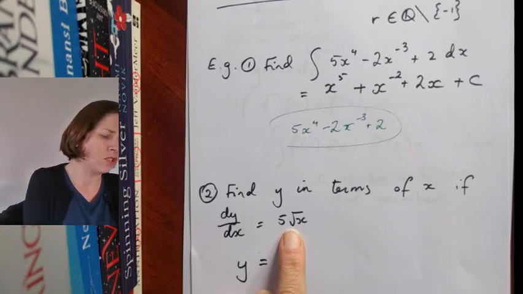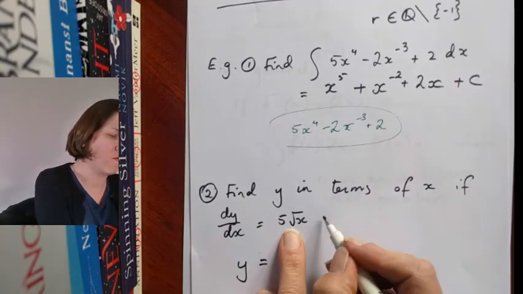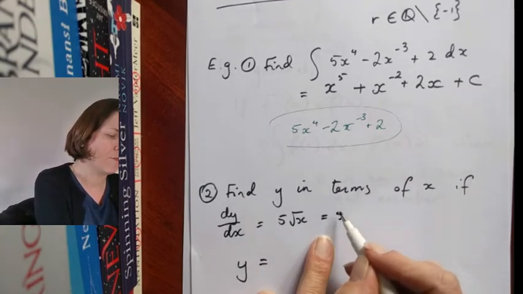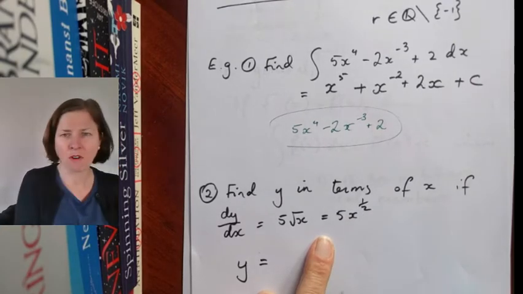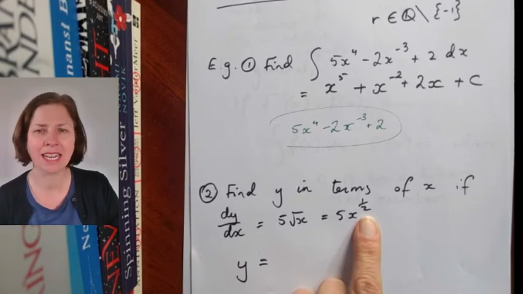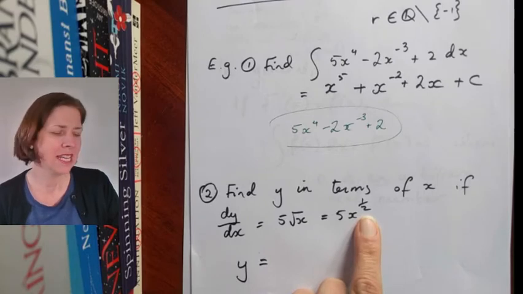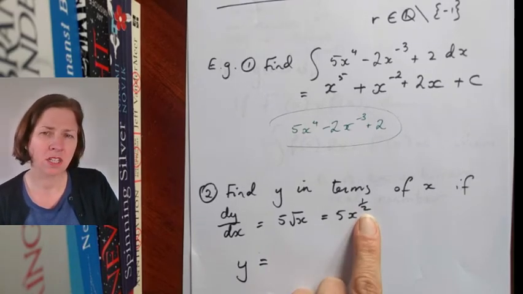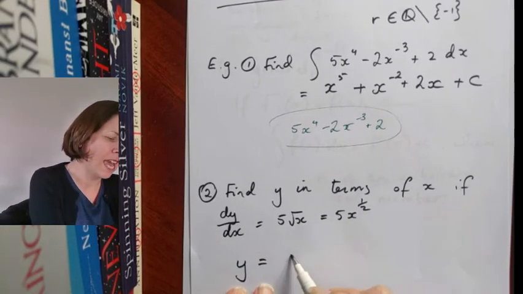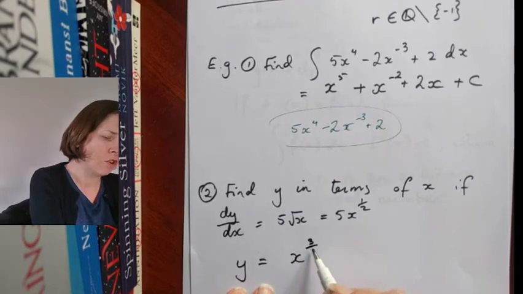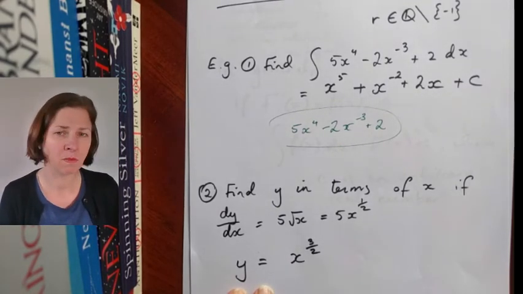But before I can do this, I'm going to just start by rewriting 5 root x as 5 times x to the power of a half, because that will help me when I'm adding and subtracting my powers. So I need to add 1 to this power. So I'm going to have x to the power of 3 over 2, because that's a half plus 1.